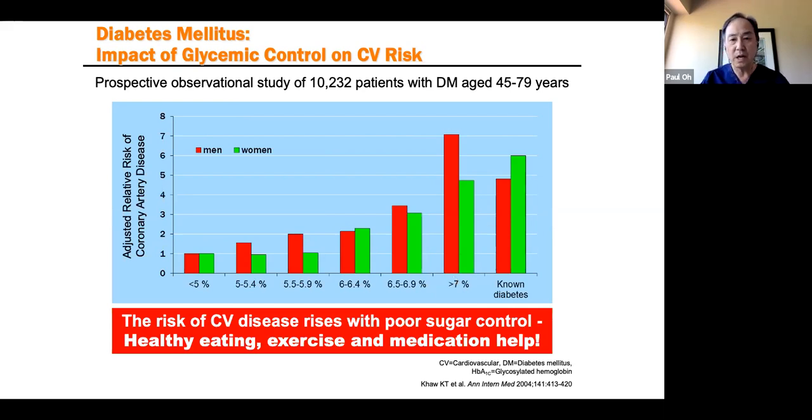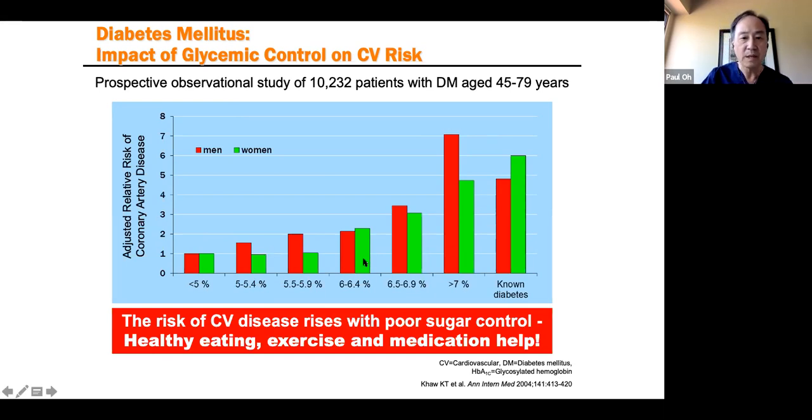For people living with diabetes, if you don't know what your hemoglobin A1C value is, that might be one of the takeaways for today. Typically, we'll measure this every 3 or 6 months as an index of average sugar over that period of time.